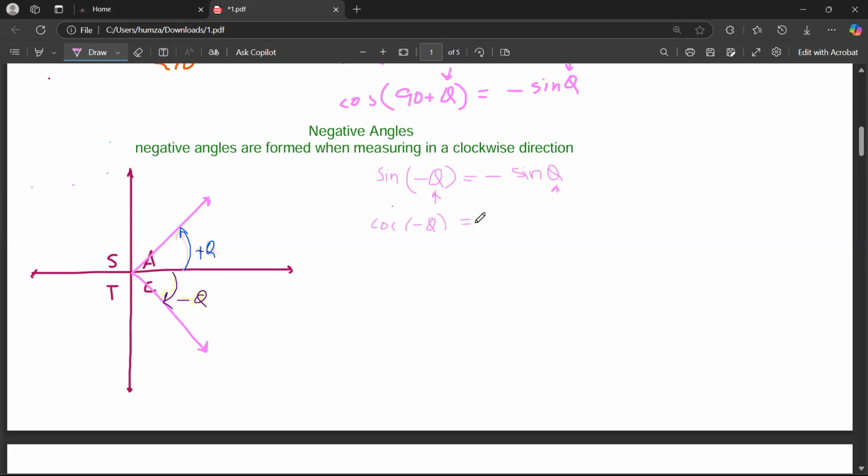If I give you cos negative theta, the answer will be cos theta. Theta will become positive, and the cos will also remain positive. Why? Because this angle is of cos, and in this quadrant, the cos is positive. So this is the cos quadrant.